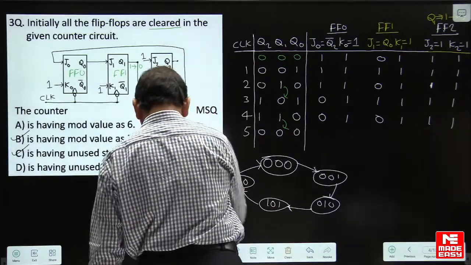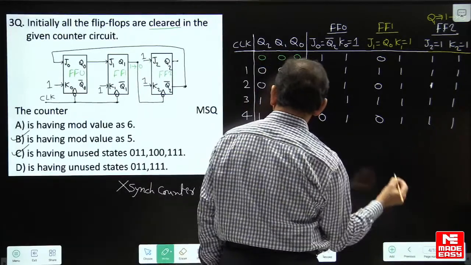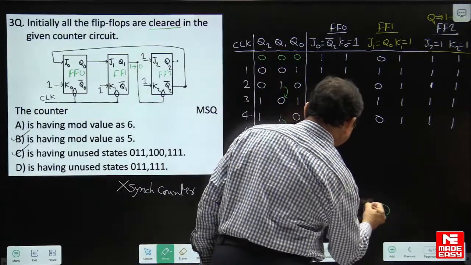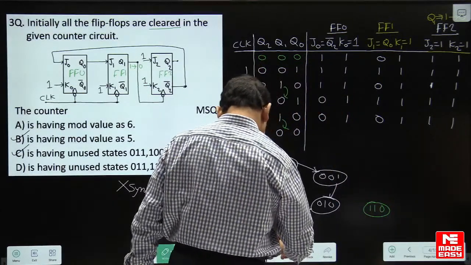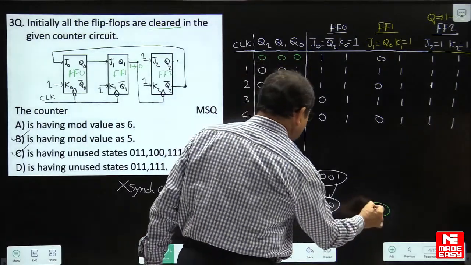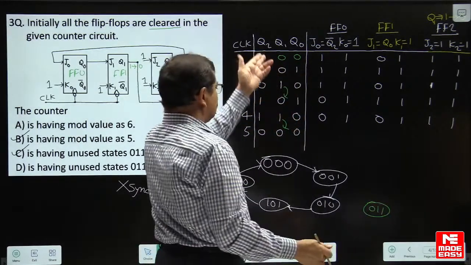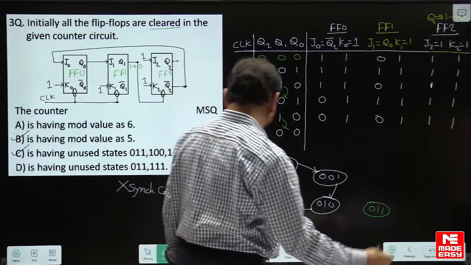The states, if you look here, this 0, 1, 1 state is not present in the circuit switching sequence. So it is an unused state.